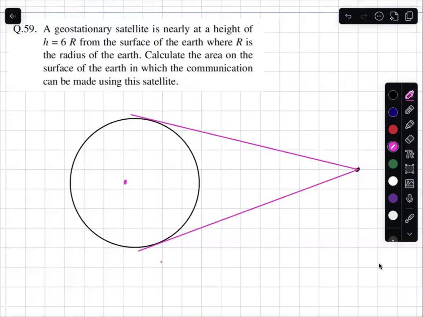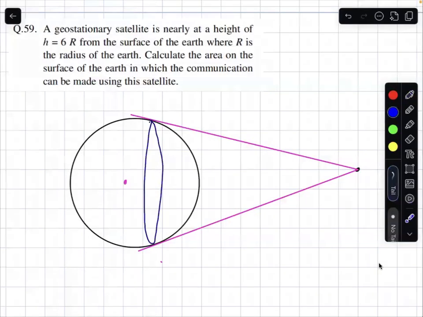So which means people in this part of the world, you can imagine a cone, like this ice cream cup, this part, this part, this part is only affected with the communication of the satellite.